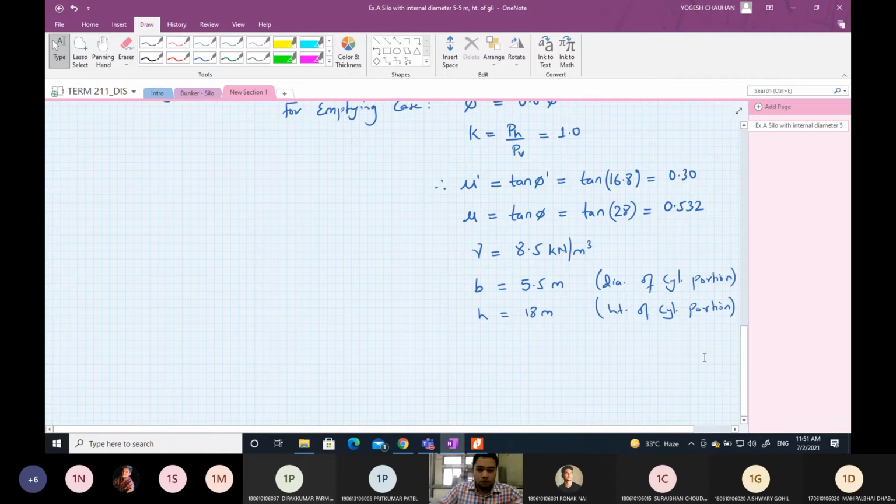So then we can also find the hydraulic mean depth.